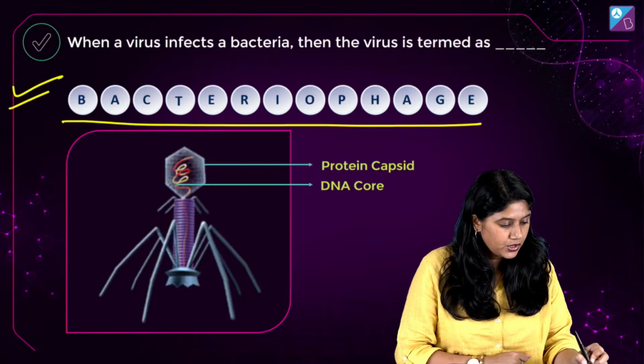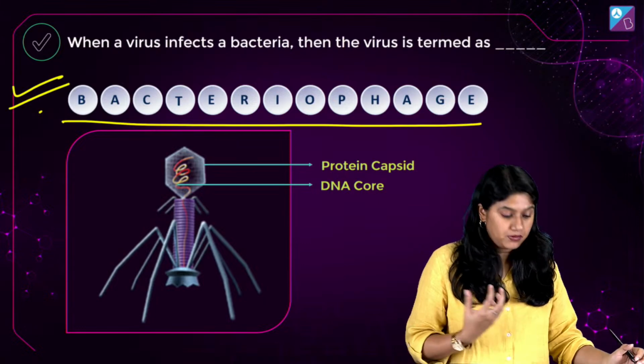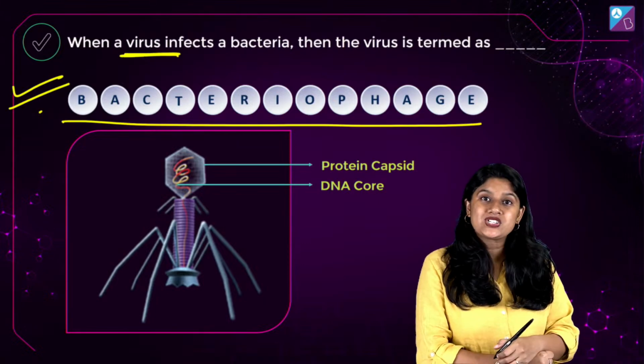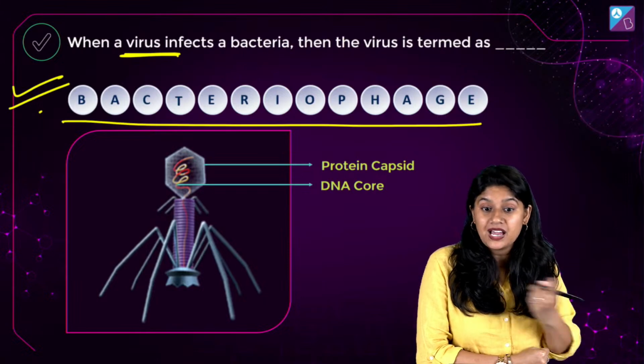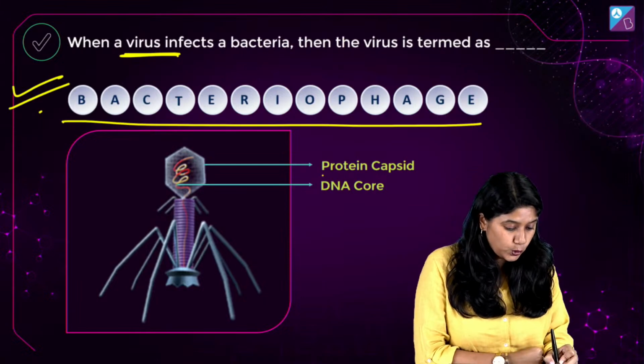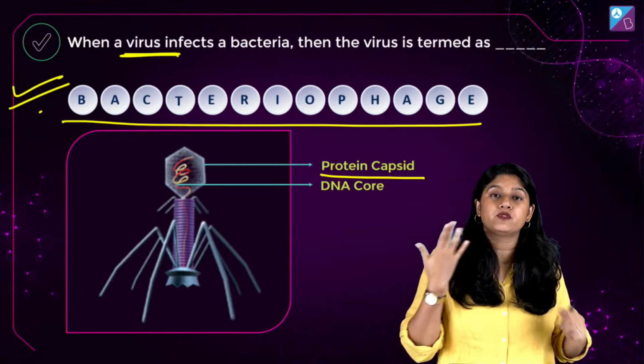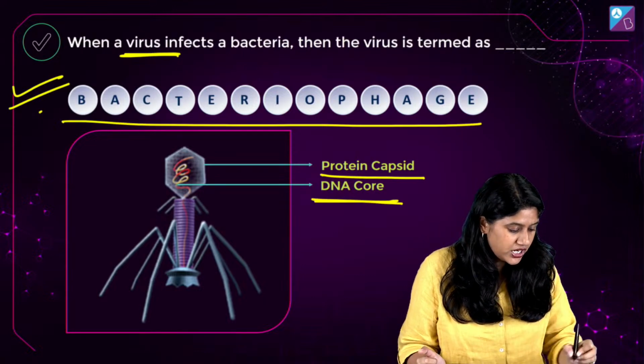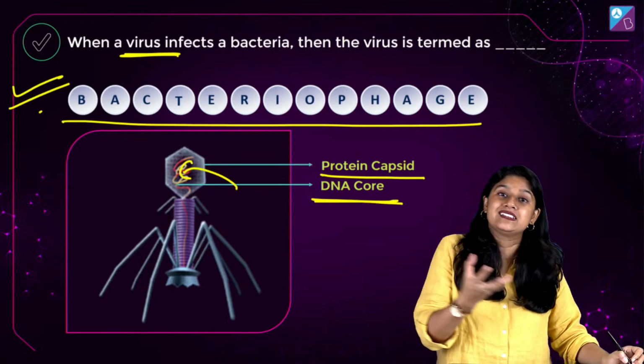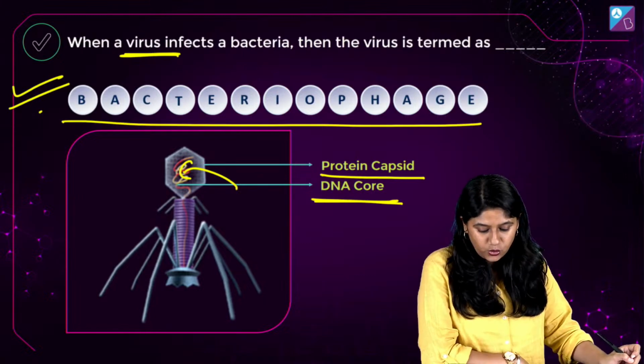Bacteriophage, right? We know that bacteriophage is a type of virus which actually infects the bacteria. They have a protein capsid. The outer structure is made up of protein, and they have DNA as the genetic material inside the core.